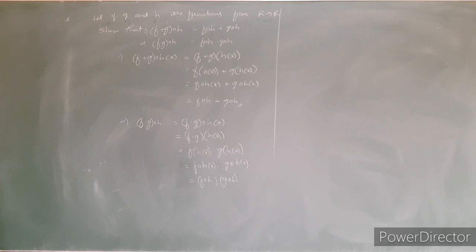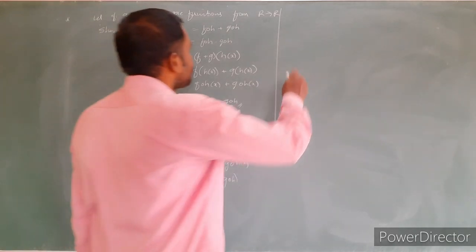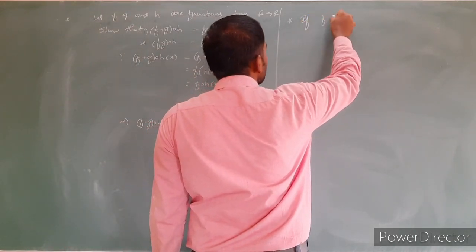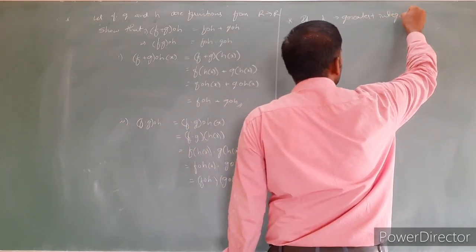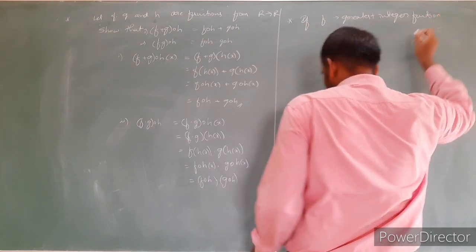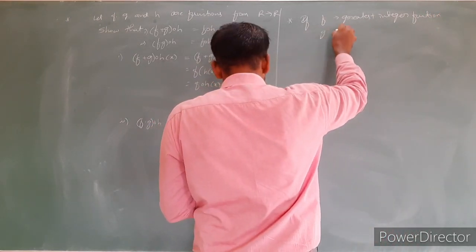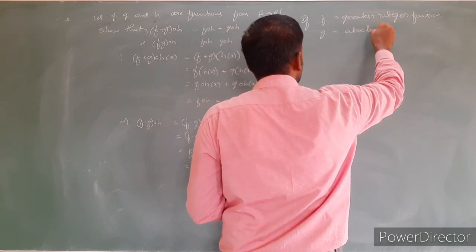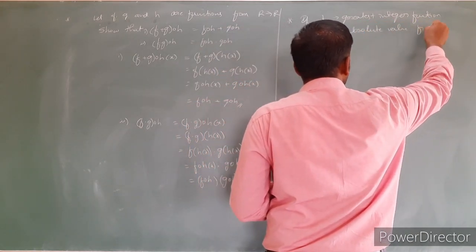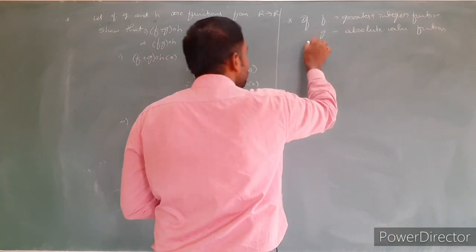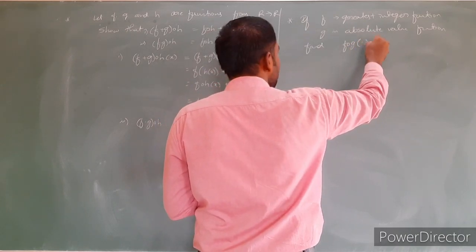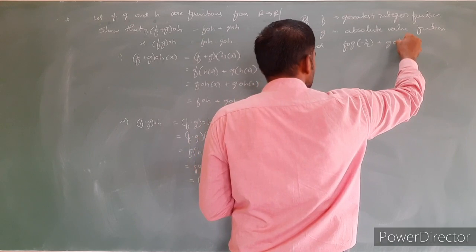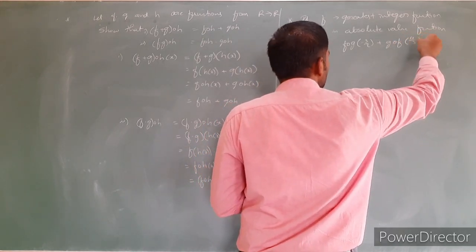Now let's go for the next example. If f is the greatest integer function and g is the absolute value function, then find the value of f circle g of minus 3 by 2 plus g circle f of 4 by 3.